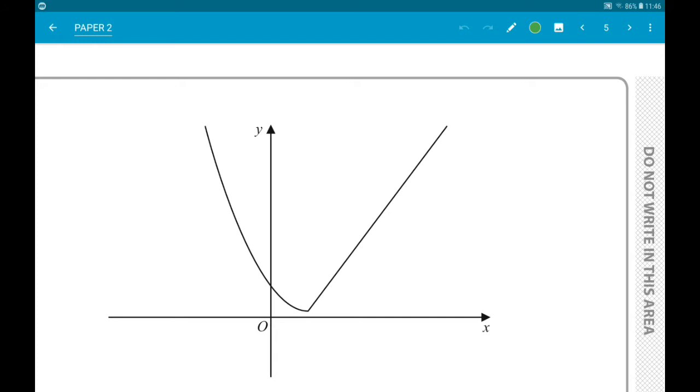G of x, though, most of the time, except when x is 2, is many to 1, because one y value can map to 2 x values. So g does not have an inverse, but h does, because it's 1 to 1.